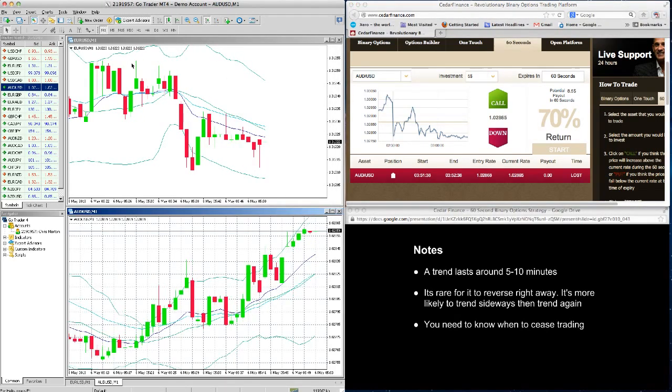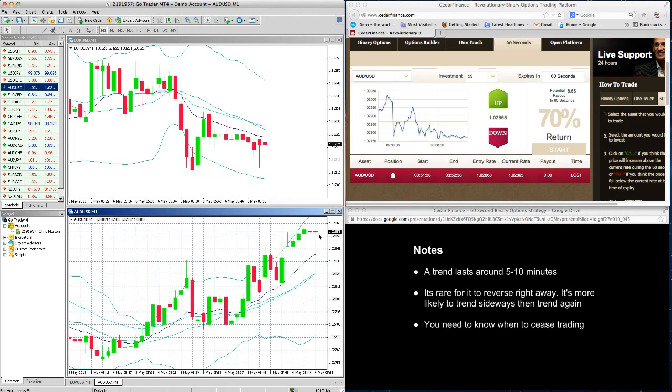In the meantime, you can see in the Euro USD, there's quite a good downwards trend here. Being 1, 2, 3. So if you've traded at any point in that third forming candlestick or at the bottom of it, you would have won that one.